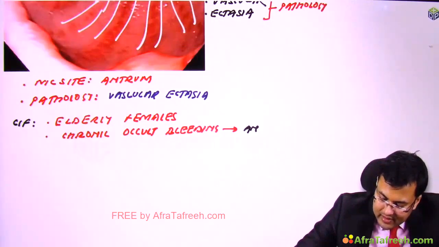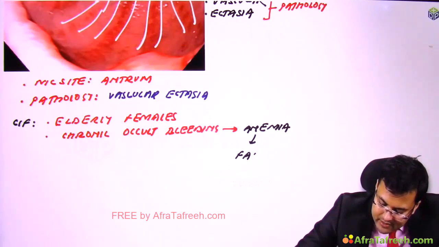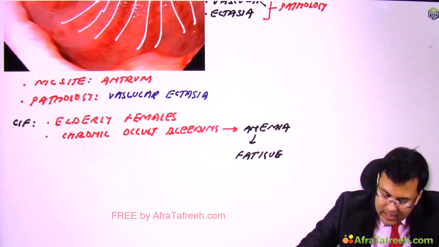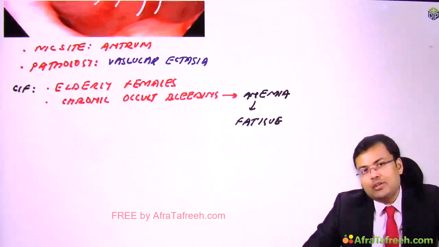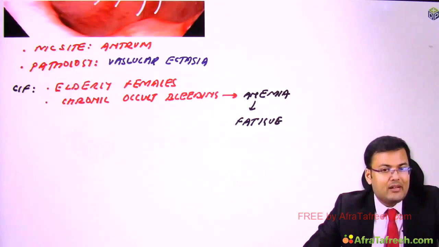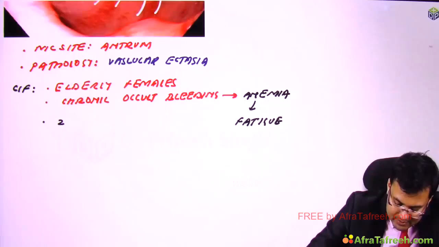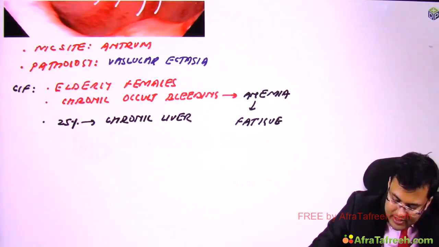Anemia. And because of anemia, what is the symptom? Fatigue. So these are elderly females who come to you with fatigue or anemia. And 25% of patients have chronic liver disease.